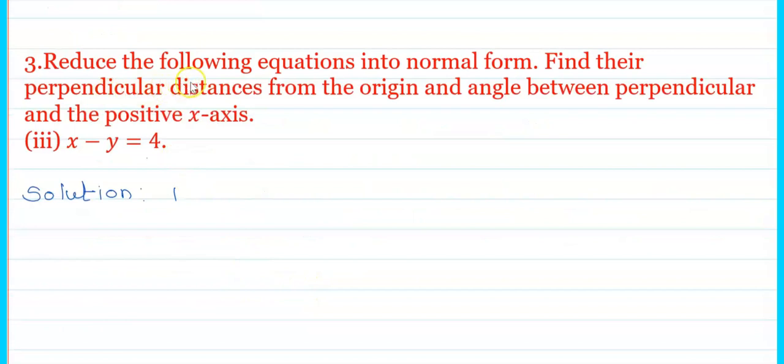Reduce the following equation into normal form. Find the perpendicular distance from the origin and angle between perpendicular and the positive x-axis.